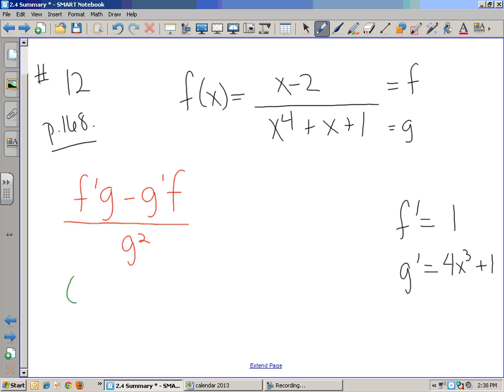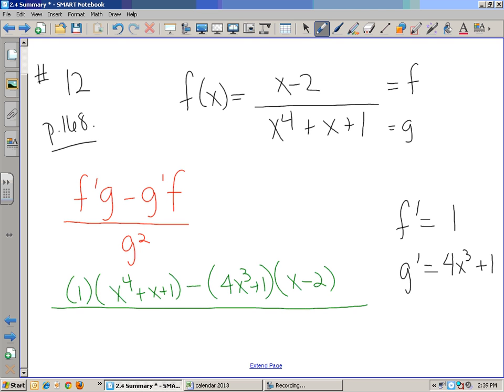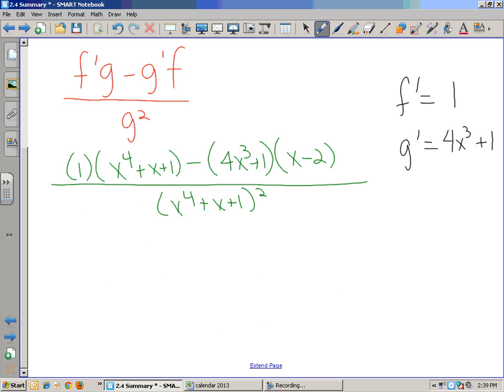So the derivative of the top times the bottom minus the derivative of the bottom times the top all over the bottom squared. Okay, that is the derivative. So now we need to FOIL out the top and simplify. The bottom is going to stay. I can't factor, I can't simplify, so we're just going to leave the bottom.